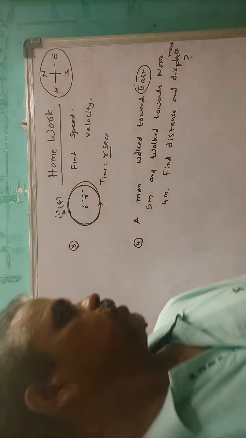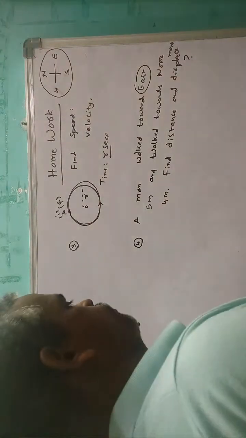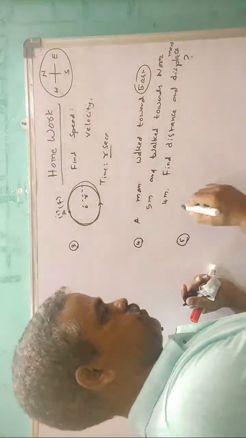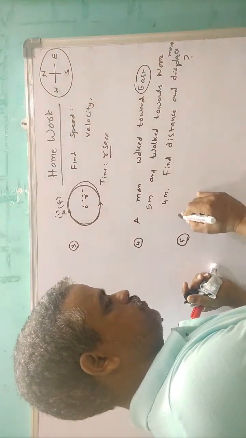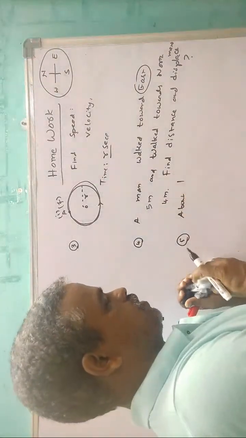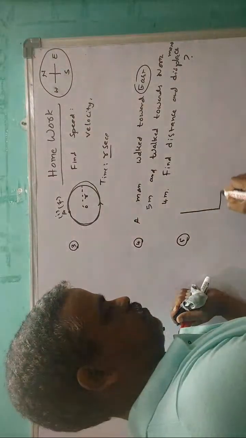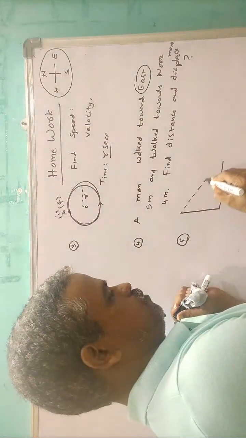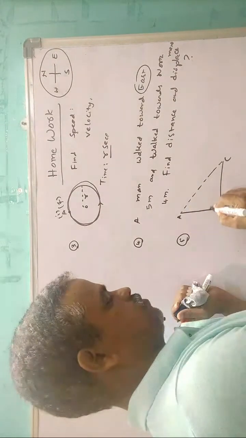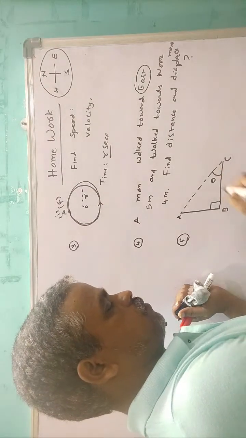Okay. Fifth one. About a right angle triangle. See, this is a right angle triangle. This will be the 90 degrees. Here will be the angle theta.